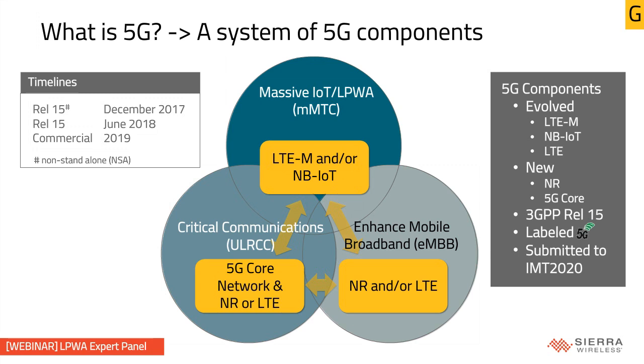Hopefully you guys have seen it. And all will be submitted to the ITU in the IMT-2020 project for evaluation in 2020. So the key message here, though, is that LTE-M and NB-IoT are 5G components and are the 5G technologies that support LPWA. Okay, so now moving on to more of the review.